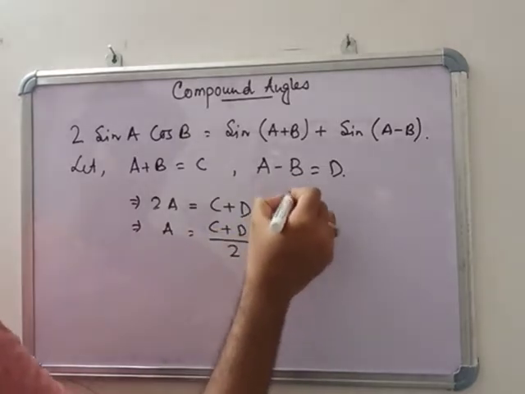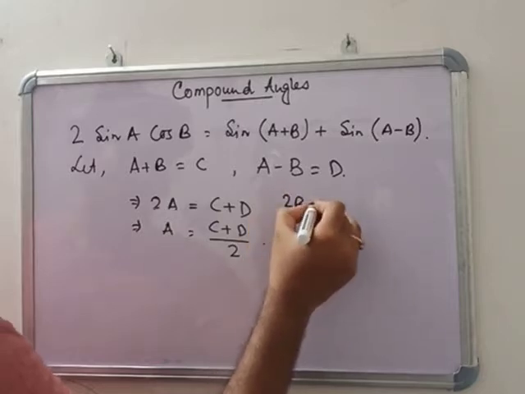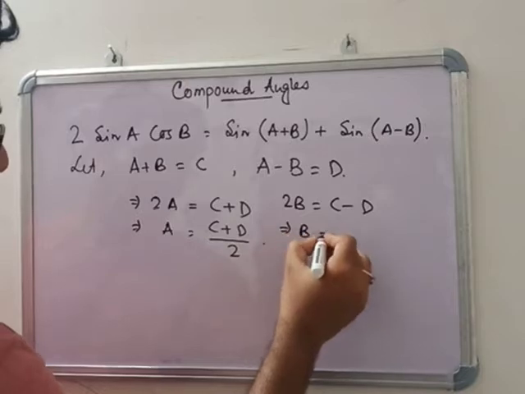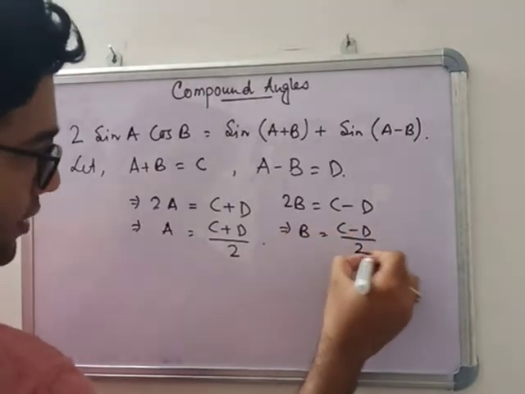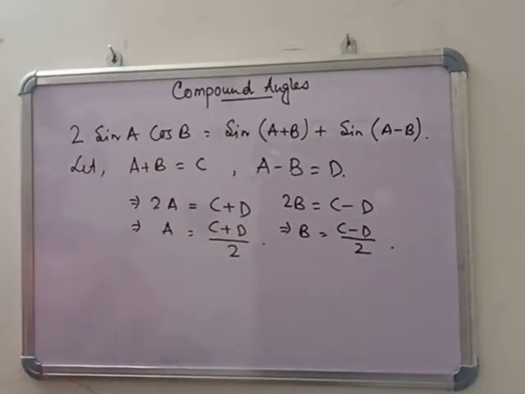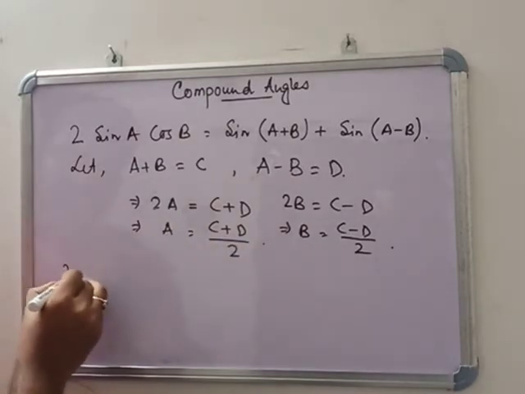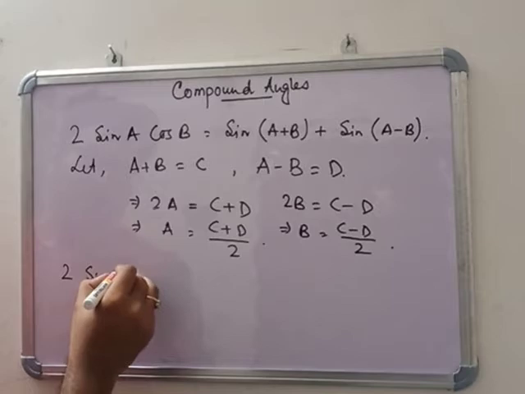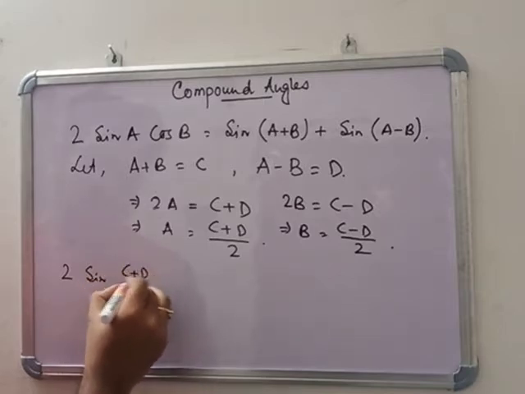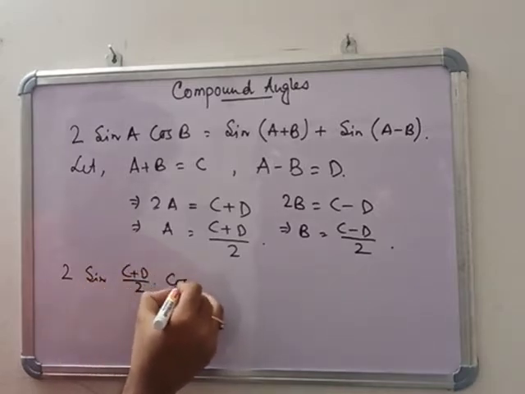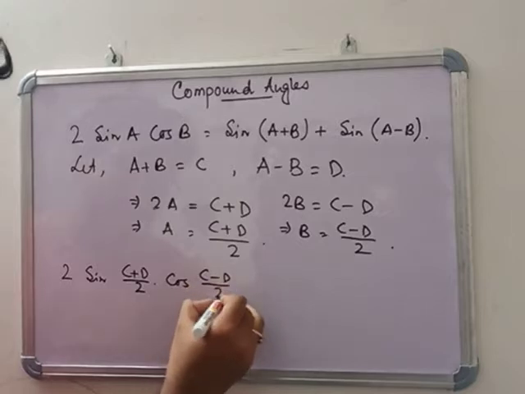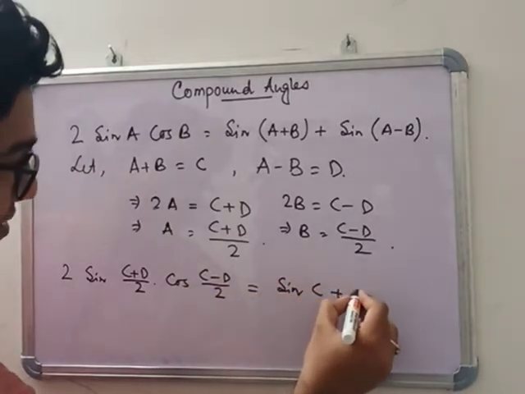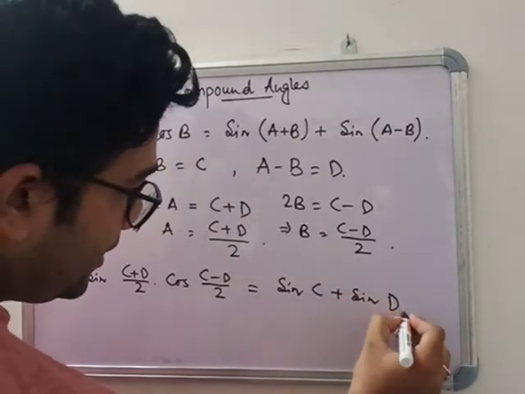Similarly, if we subtract, then 2b equals c minus d, so b equals c minus d by 2. Now if we put these two values over there, we get 2 sine c plus d by 2 into cos c minus d by 2 equals sine c plus sine d.